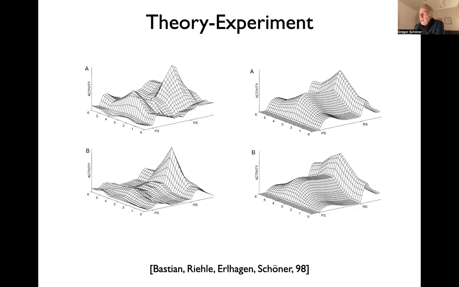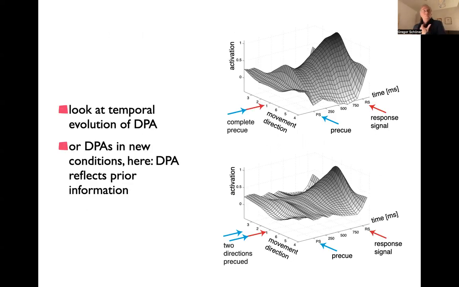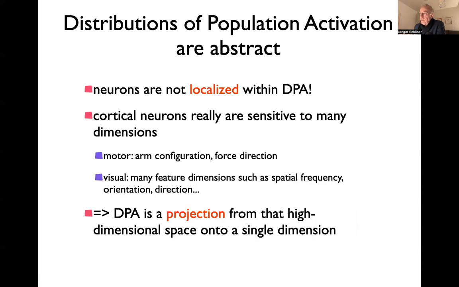And in one of the earlier lectures, I don't remember exactly which one, I showed you these results from John Kalaska's lab that Paul Cisek obtained, where they looked at movement directions in opposite directions that were far enough apart to have bimodal pre-activation, and then they saw how selection happens. That actually was not in primary motor cortex, but in premotor cortex. But the tuning is very similar. So again, this can be extended.